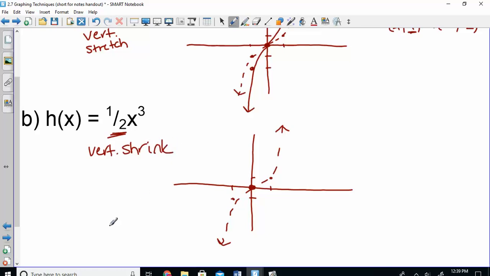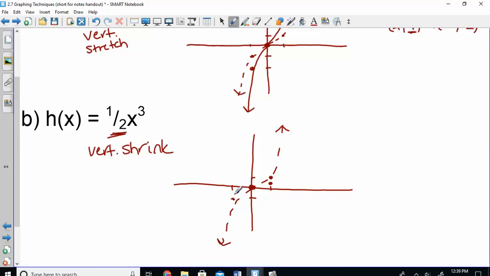Okay, so what it's doing is essentially taking your y value and multiplying it by a half. So this is a y value of 0. 0 times a half is still 0. This point has a y value of 1. 1 times 1/2 is 1/2.